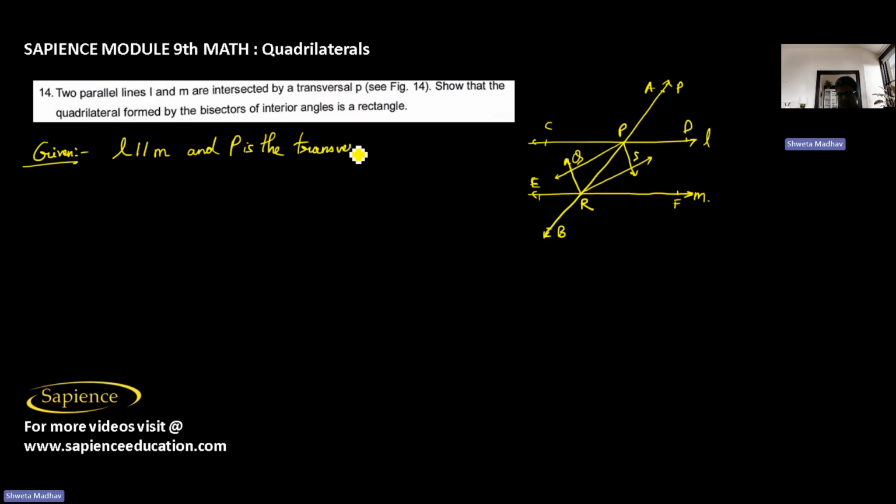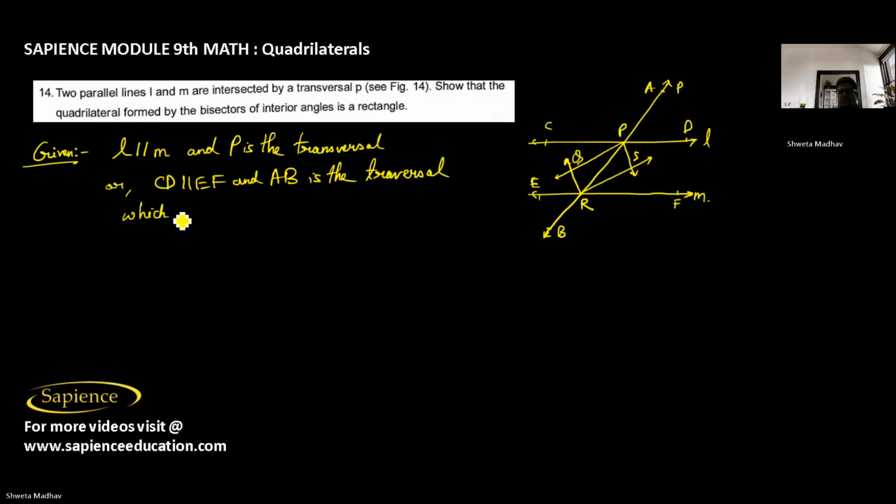Or I can say that CD is parallel to EF and AB is the transversal, which intersects CD and EF at P and R respectively.